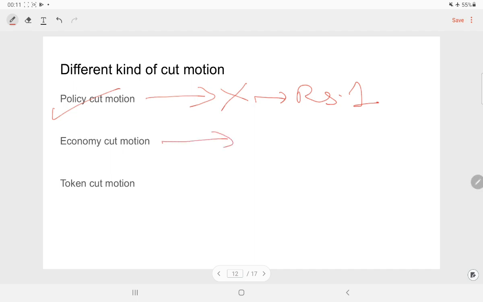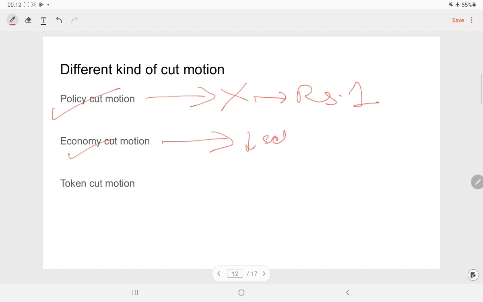And then there is the economic cut motion. What is happening in the economic cut motion? The member of parliament generally argues that this sum should not be there. The proposed sum should come down, or maybe be transferred to something else. So a portion of the budget allocated for a certain fund or scheme is cut down.